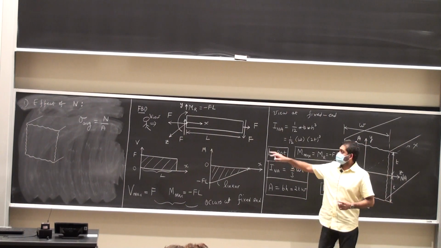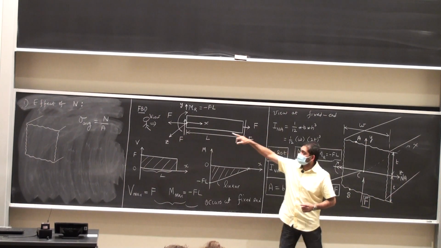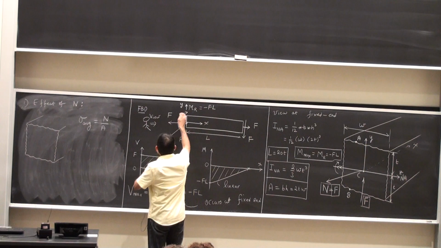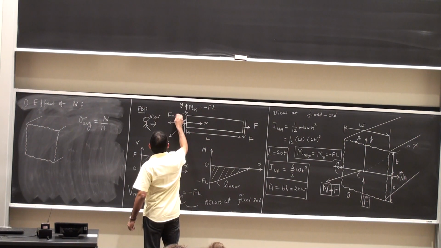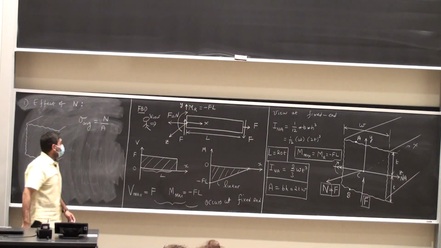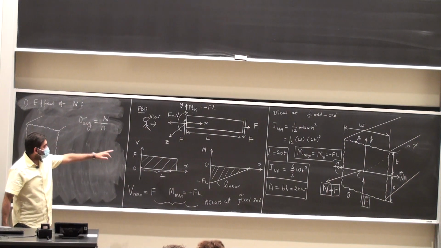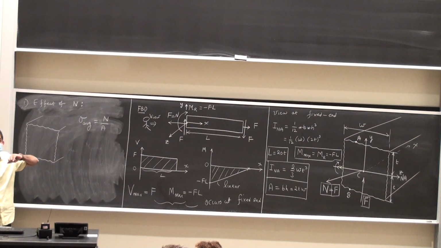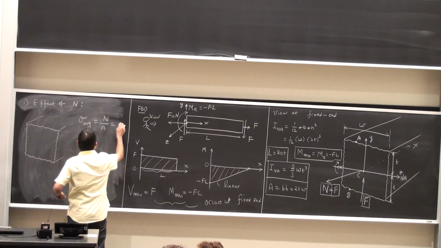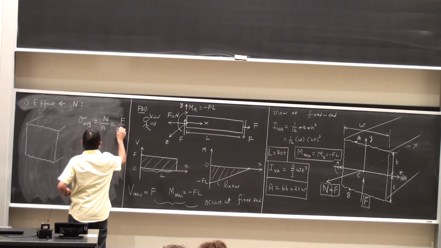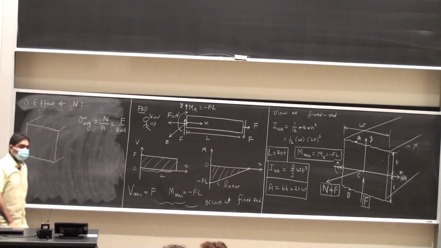Does that make sense to everybody? This force F is the normal force at the cross section, so this is equal to N. And so I'm going to call this area as 2 times W t. The normal force N is capital F, so this is F by 2 W t.